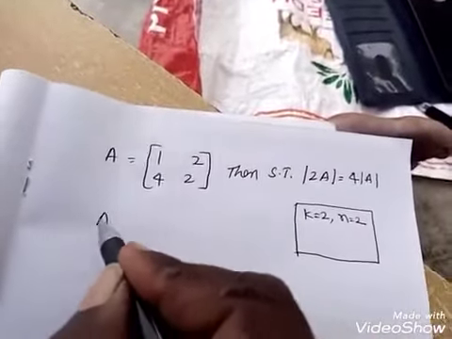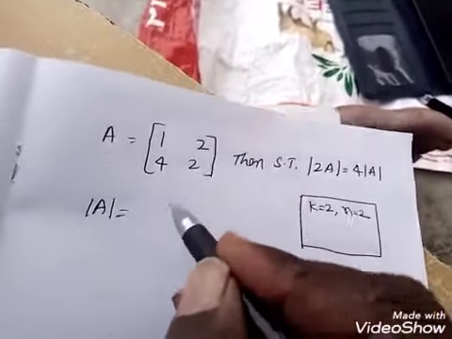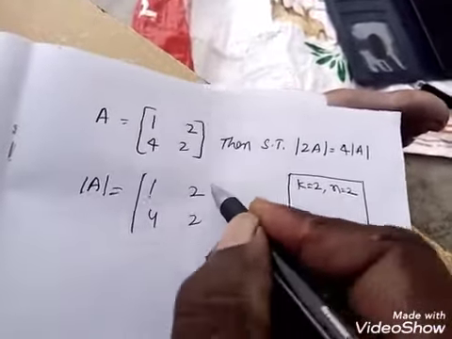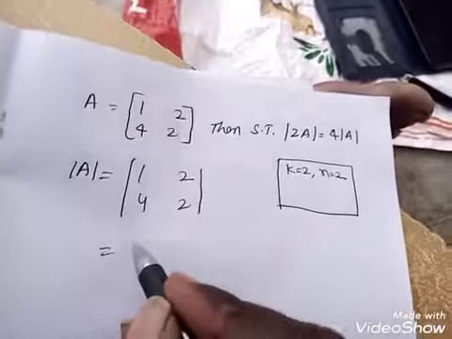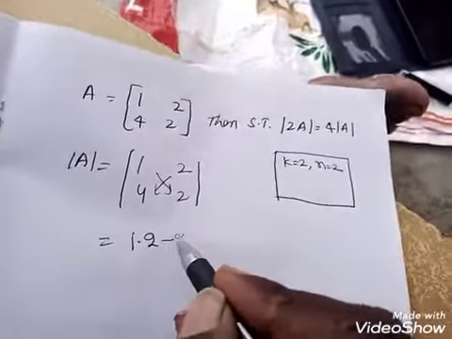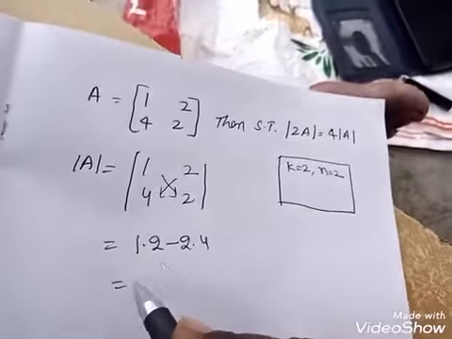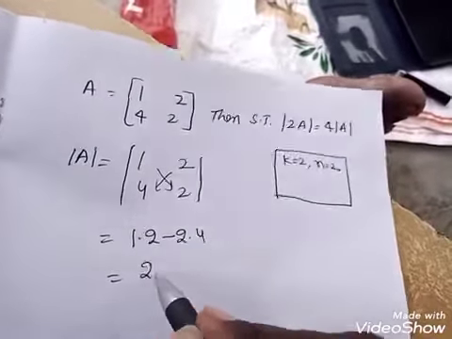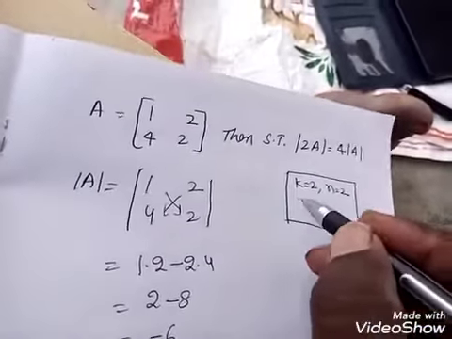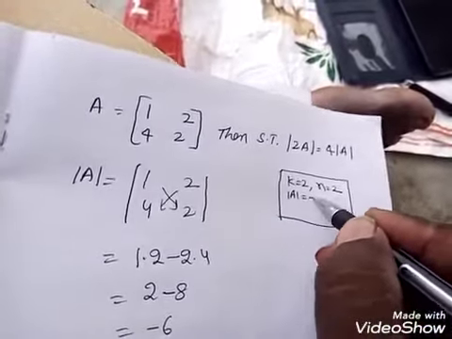Det A is equal to det of 1 2, 4 2. Now what are you going to get, this one is 1 into 2 minus 2 into 4, that is nothing but 2 minus 8, that is equal to minus 6. That is det A is equal here to minus 6.